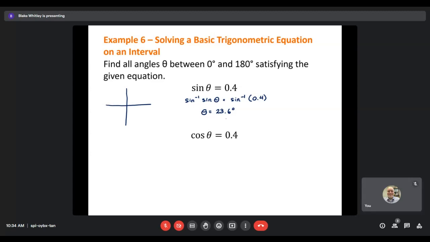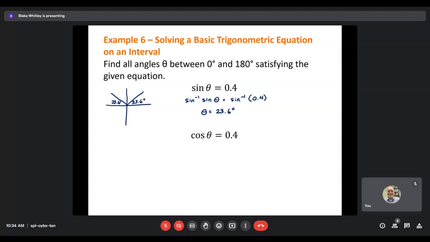So what I'm going to do is take that 23.6, which we know is going to be right here in the first quadrant. And I'm going to think of that as a reference angle now, and I'm going to put it into the second quadrant. So I'm letting 23.6 degrees be the reference angle in the second quadrant.